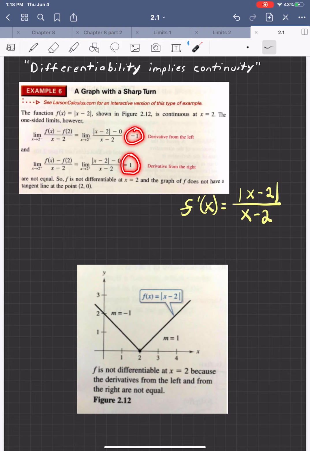It's approaching two different numbers from different directions. So I can sum this up with something very quick, something very trivial, but it would help solidify it. How about this? Derivatives do not exist at sharp turns.